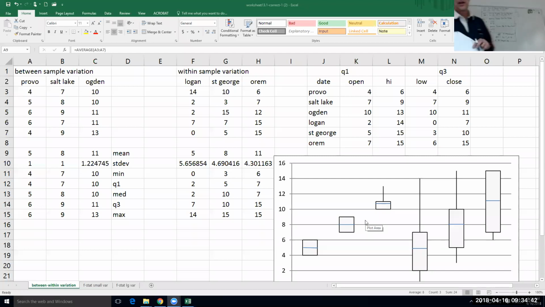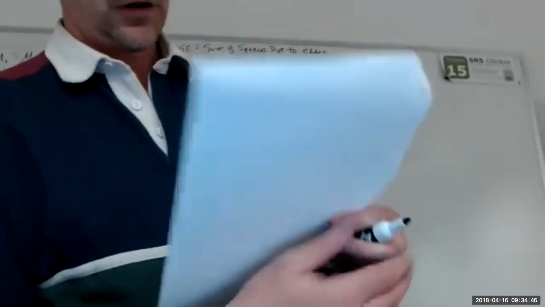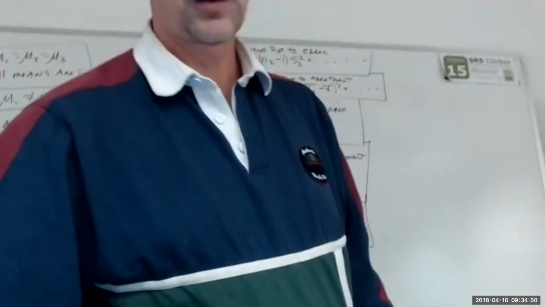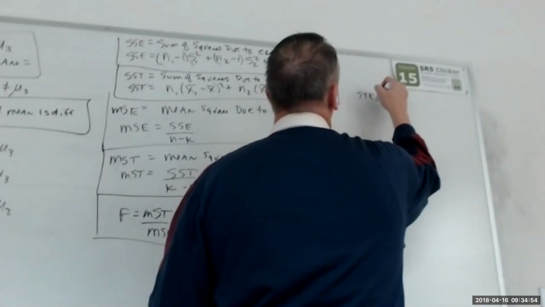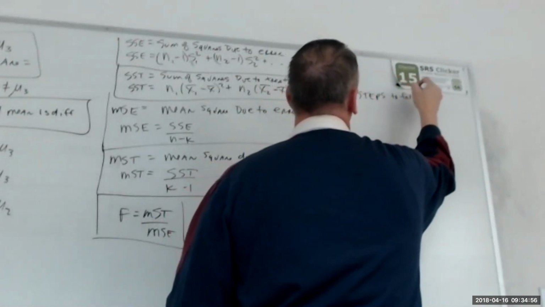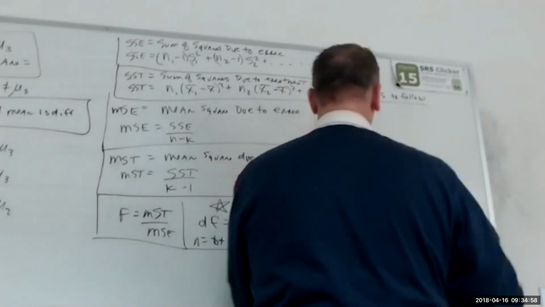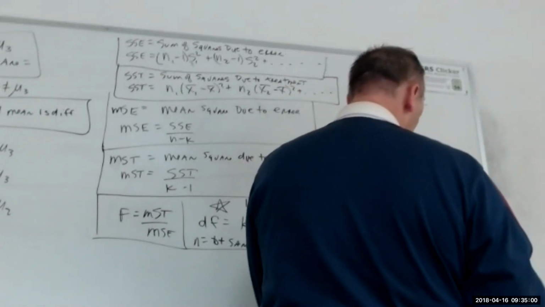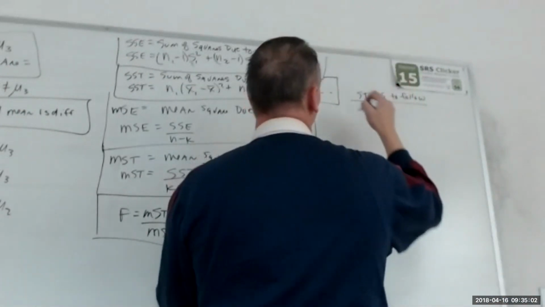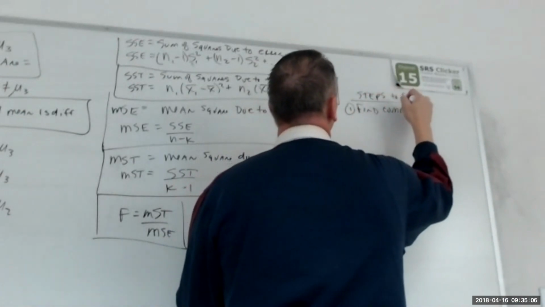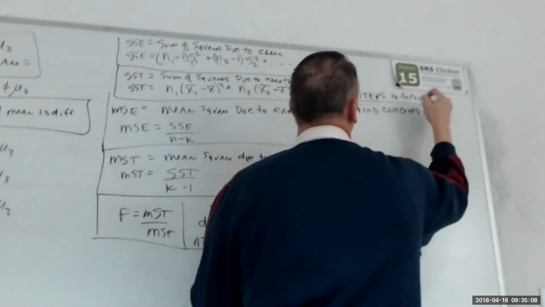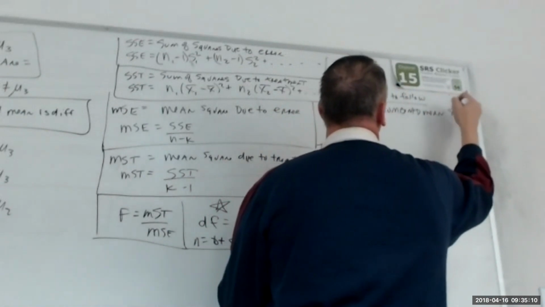Now, let me give you some steps to follow. Number one, find the combined mean, and we're going to call that X bar.